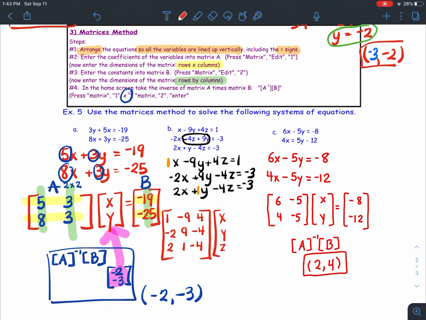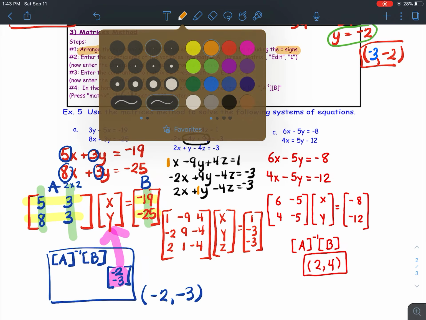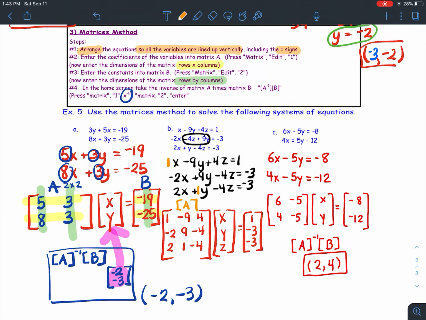We'll put those in the calculator in a minute. I'm going to write the variable matrix now, x, y, z, and then equals, and then my 3 constants, 1, -3, -3. Remember, matrix A is this first coefficient matrix, and matrix B is that last constant matrix.